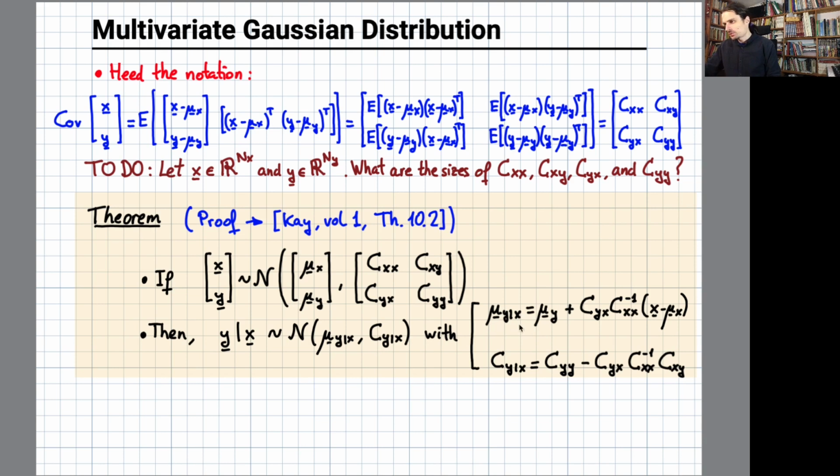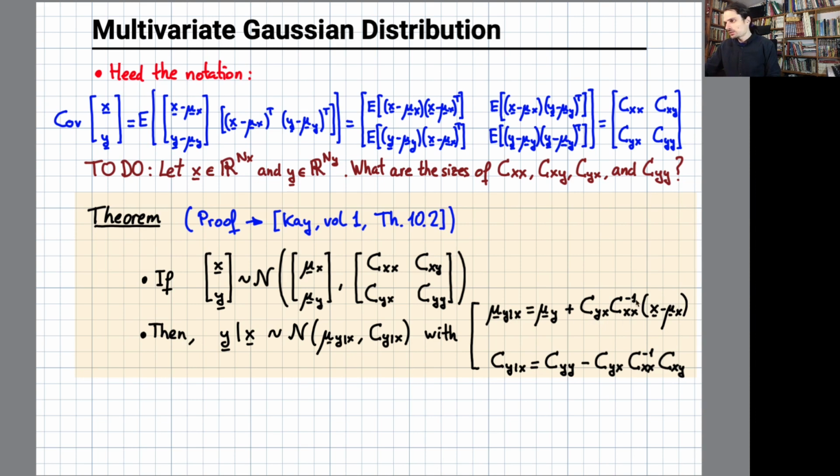The posterior mean is just the prior mean plus this correction, okay? And this correction is this term that depends on the covariances times the x minus its mean, right? So this is just x normalized to have a zero mean, okay?